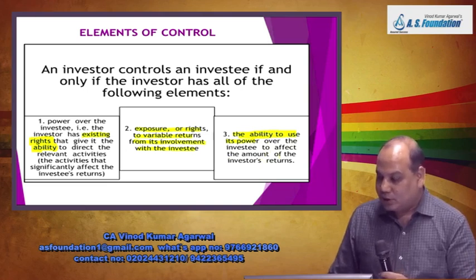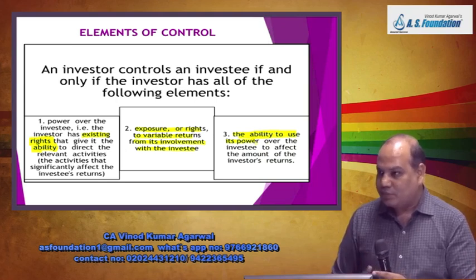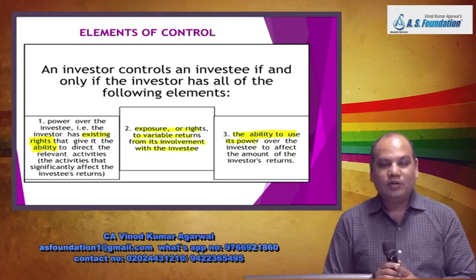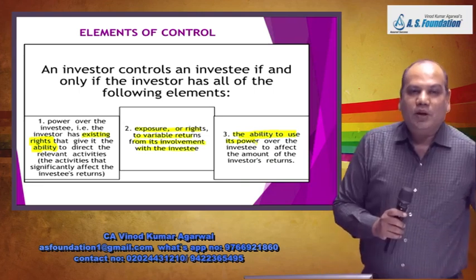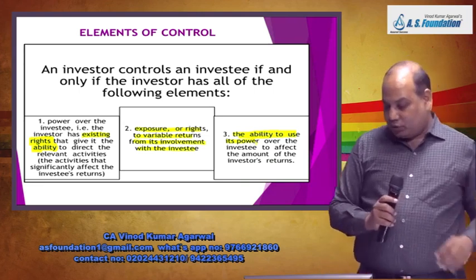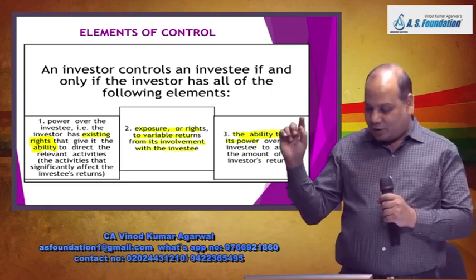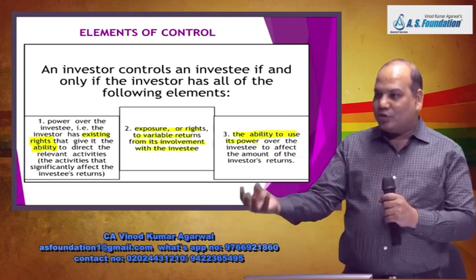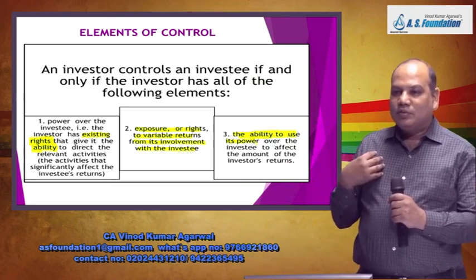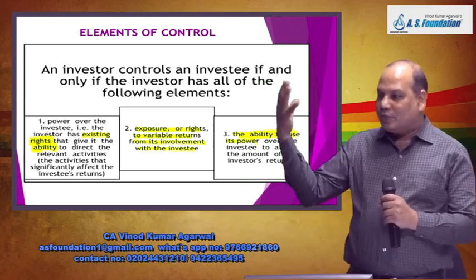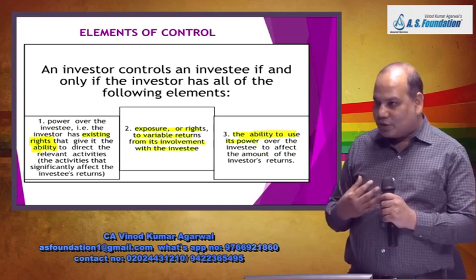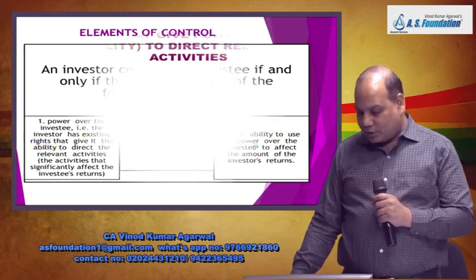So if these three elements are present, you should have power, exposure to variable return, and ability to use the power to affect the return, which will indirectly affect your return only. By affecting the investee's return, you are also affecting your own return. If they earn more profit, you will get more dividend or more capital appreciation.